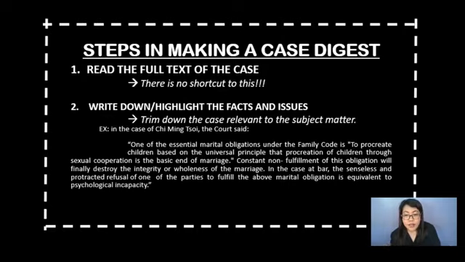Constant non-fulfillment of this obligation will finally destroy the integrity or wholeness of the marriage. In the case at bar, the senseless and protracted refusal of one of the parties to fulfill the above marital obligation is equivalent to psychological incapacity.